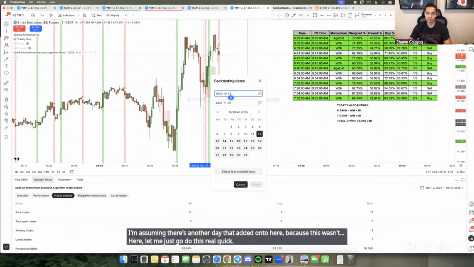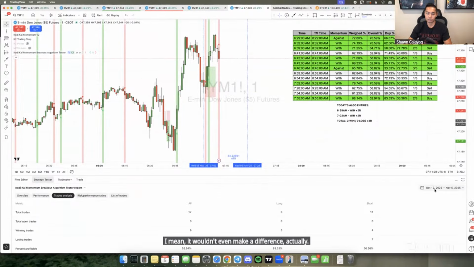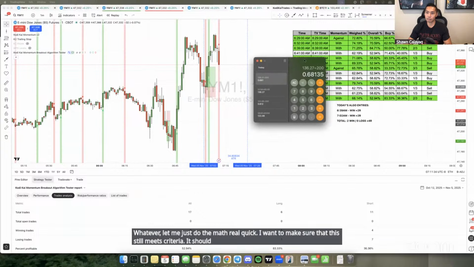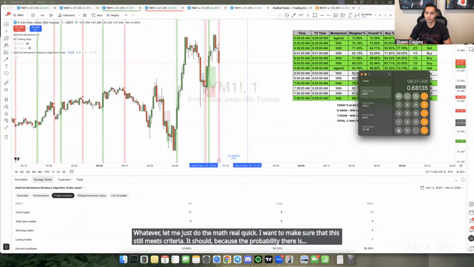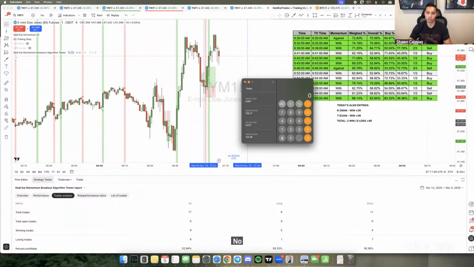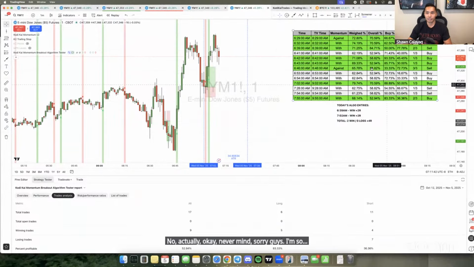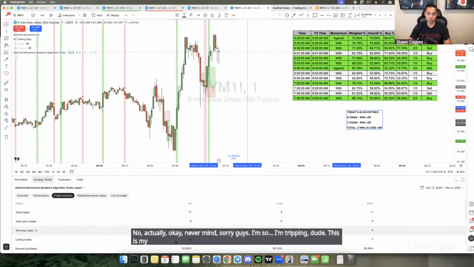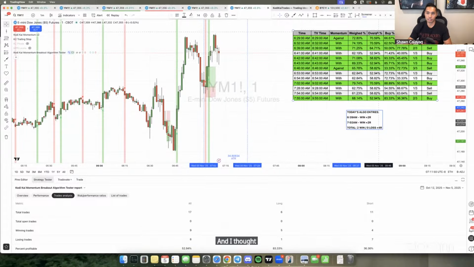Let me just do the math real quick. I want to make sure that this still meets criteria. It should, because the probability there is at 68. Even if it's off by a little bit, no, actually, never mind. Sorry, guys, I'm tripping. This is my bad. I was looking at the wrong number. I was looking at the weighted percentage, and I thought this was the overall because I switched these over.